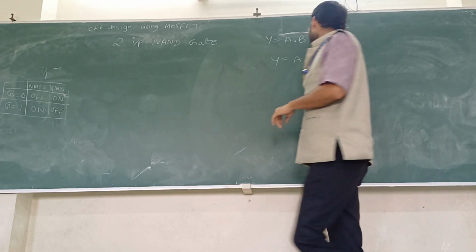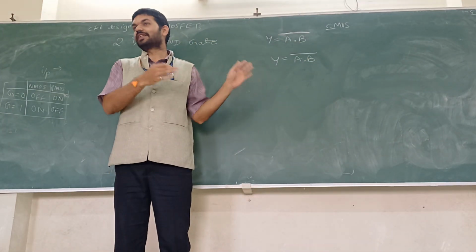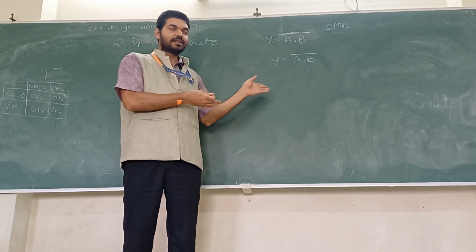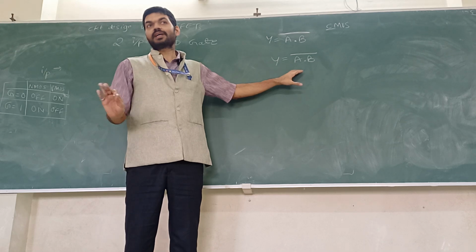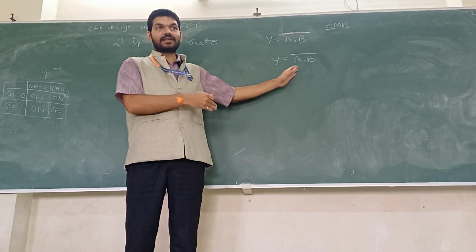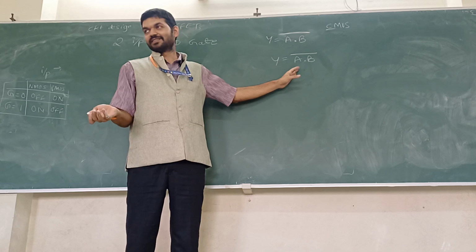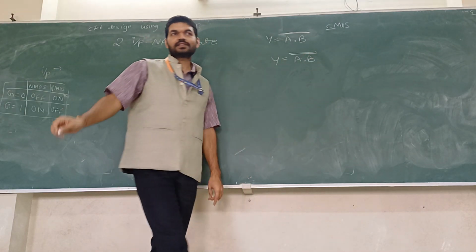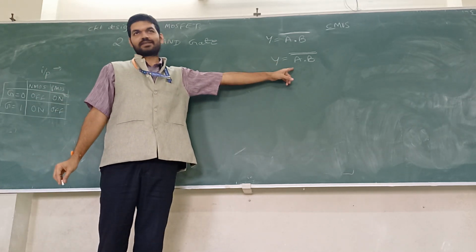If I write only one whole bar, then I am actually changing the logic itself. The given question was AND, but I have converted it to NAND. So I am not designing AND, I am designing NAND. But I have to design AND. So now it is AND.